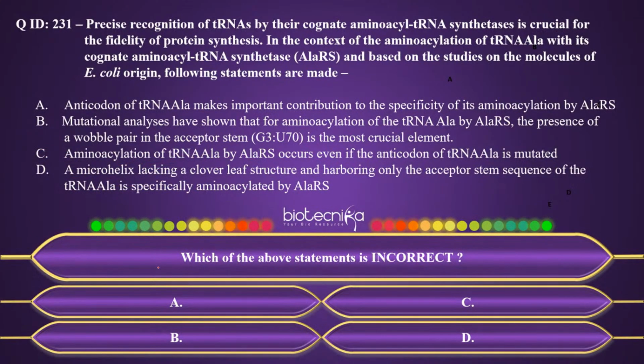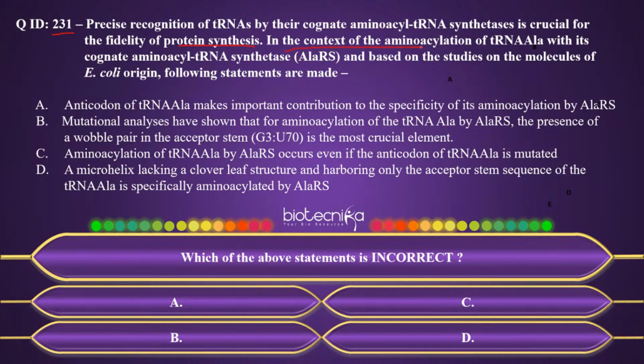Now coming to question ID 231. Here it says that the precise recognition of the tRNAs by their cognate aminoacyl tRNA synthetases is crucial for the fidelity of protein synthesis, right?